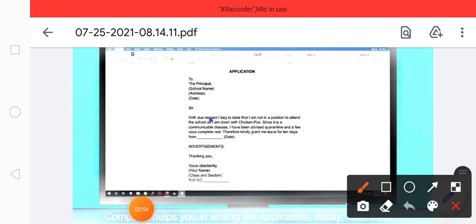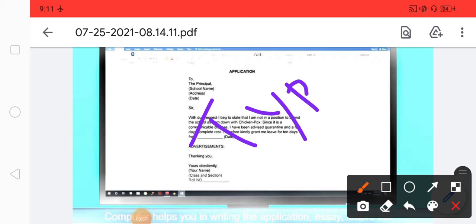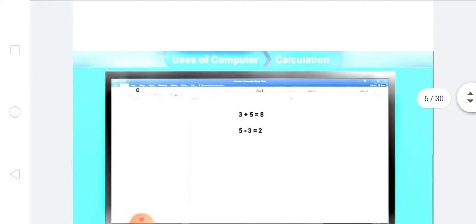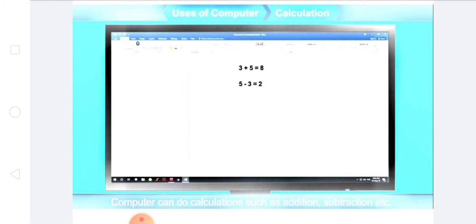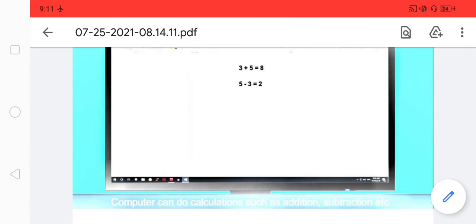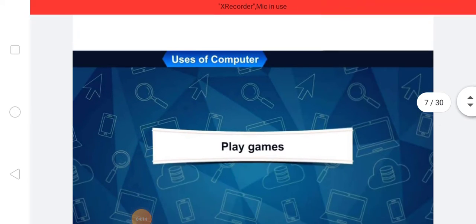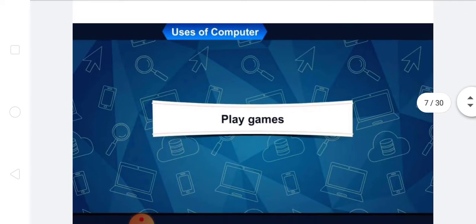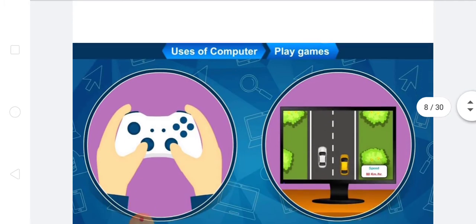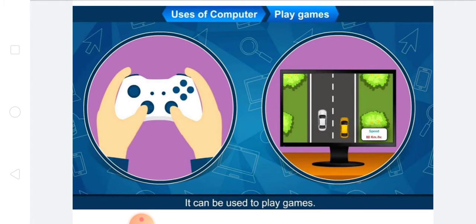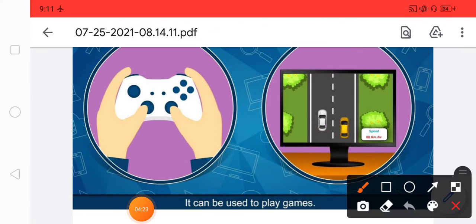Then a computer also helps us to calculate, or to do addition, subtraction, etc. And for playing of games, you may see here these are the two types of game that we play on a computer.